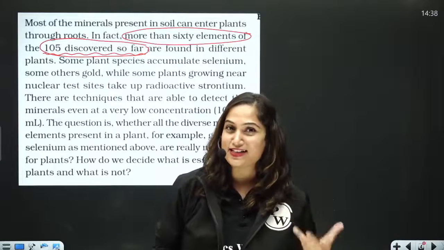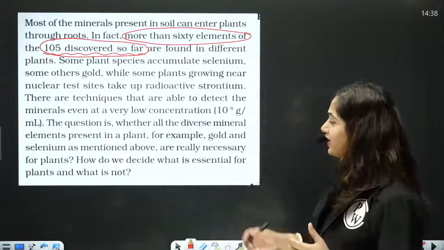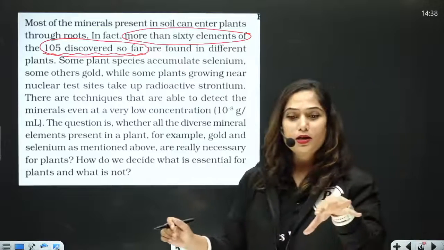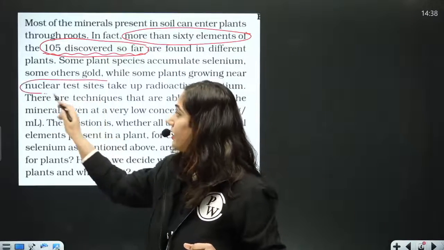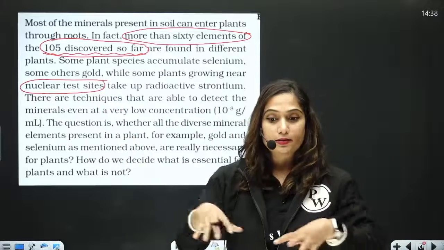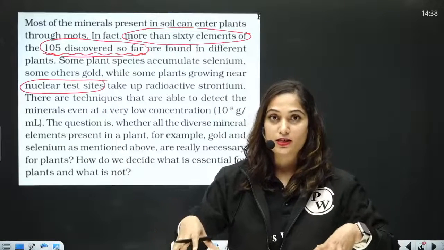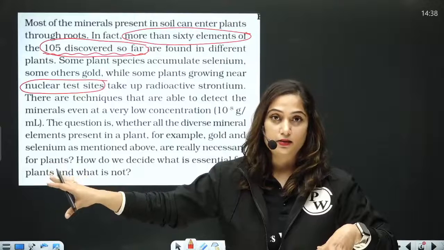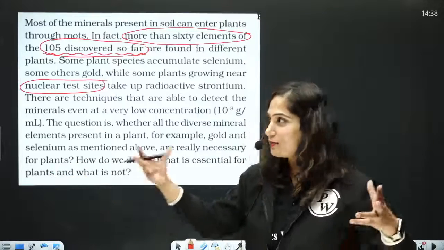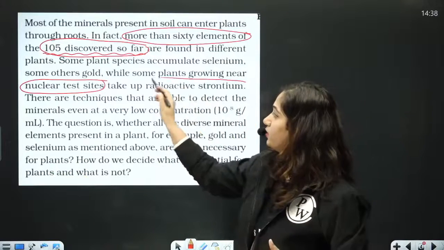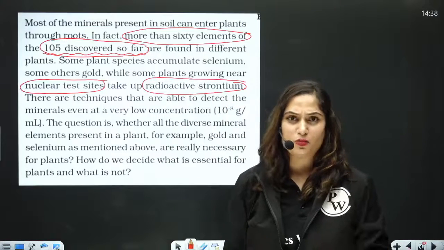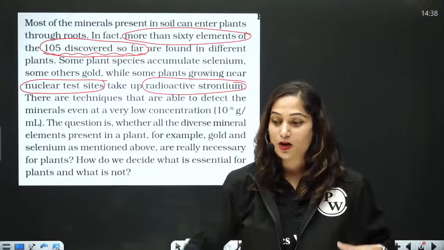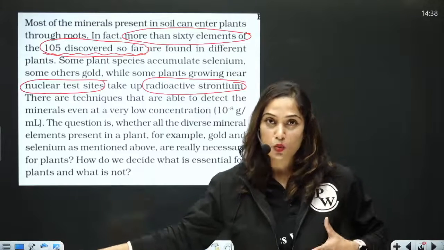Now NCERT has taken an example. It says suppose a plant is growing near a nuclear site, where the soil has a nuclear site around it. So obviously a radioactive element called strontium must be present in the soil, because a nuclear site is in the vicinity.